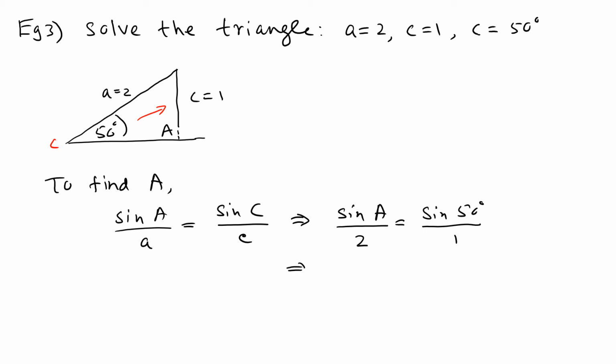Now if you solve for sine A, you get sine A equals 2 times sine 50, and if you use a calculator, you get 1.53, which is greater than 1. This is a problem because this is a sine value, and sine can never be greater than 1. So this is impossible, because there's no way you can solve for A.